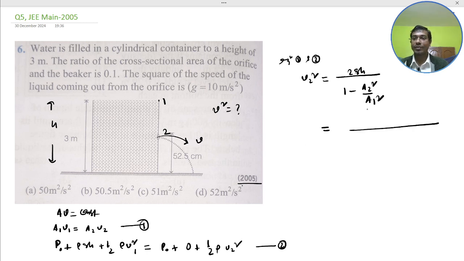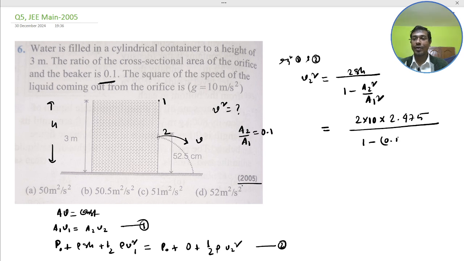Just calculate the numeric value. Put here g equal to 10, and h is given here. So 2gh would become 2 times 10 times 3, and 1 minus the cross-sectional area ratio, A2 by A1, is 0.1.